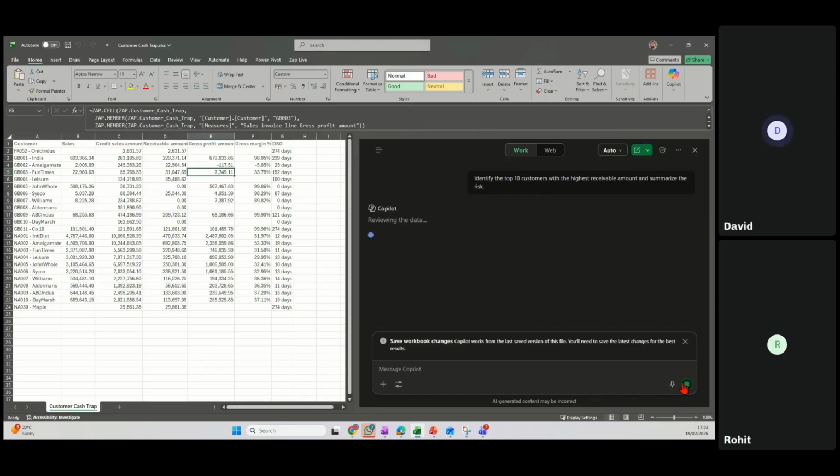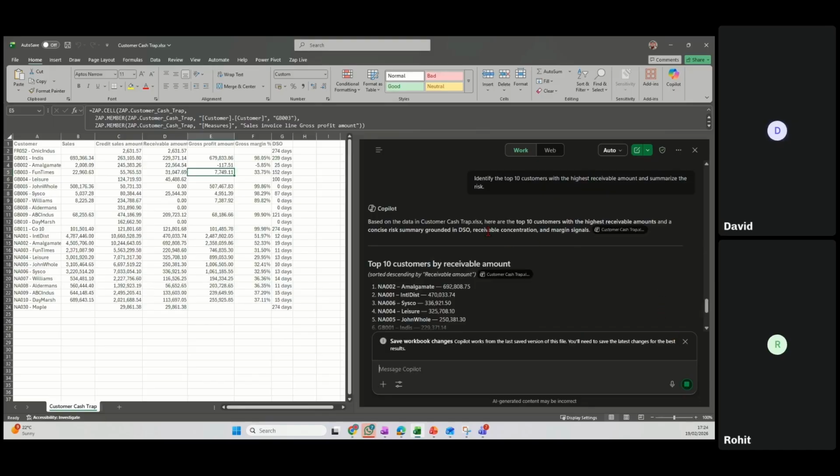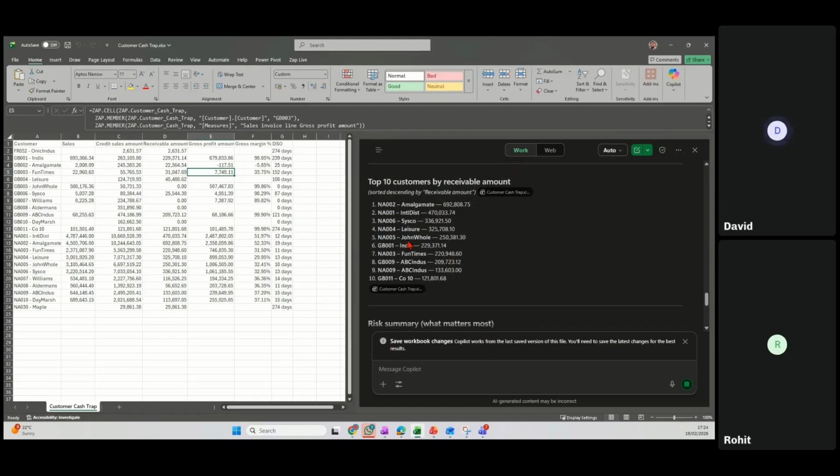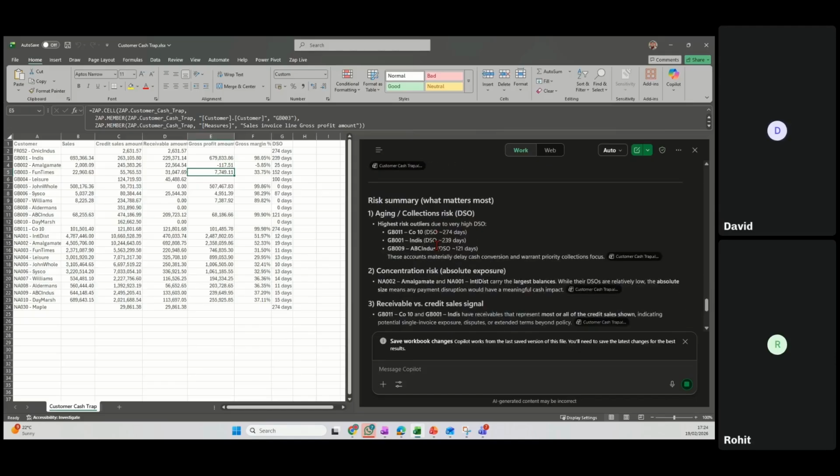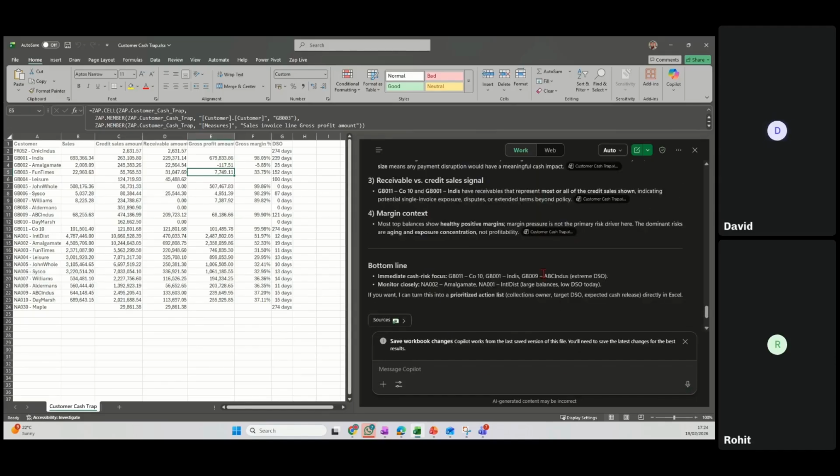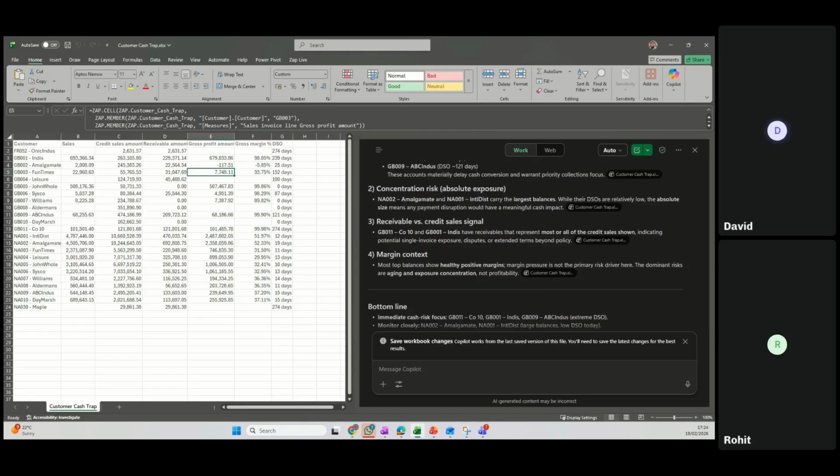And this is basically reviewing the data and summarizing information with me. So it says, based on the data, the customer cash trap, these are the 10 customers with the highest receivable amount, and concise risk summaries. So I get here the 10, and then I have the different summaries that I identify. Here we even get some conclusions.